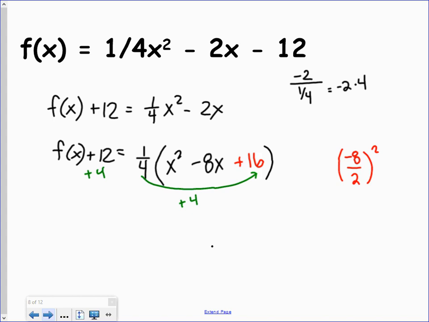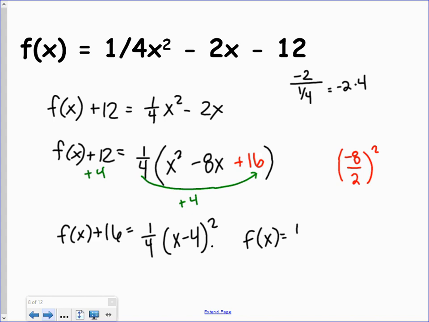Okay. Now, let's rewrite it. So we've got f of x plus 16 equals, and then we have that 1/4. This whole thing will condense to x minus 4 squared, and then you can write your final f of x equals 1/4 times x minus 4 squared minus 6.